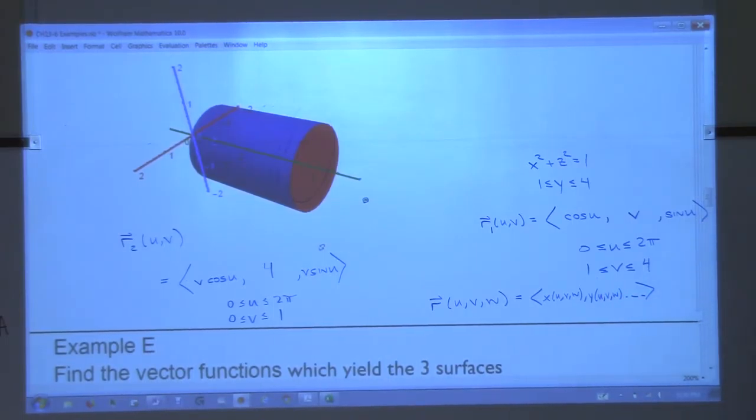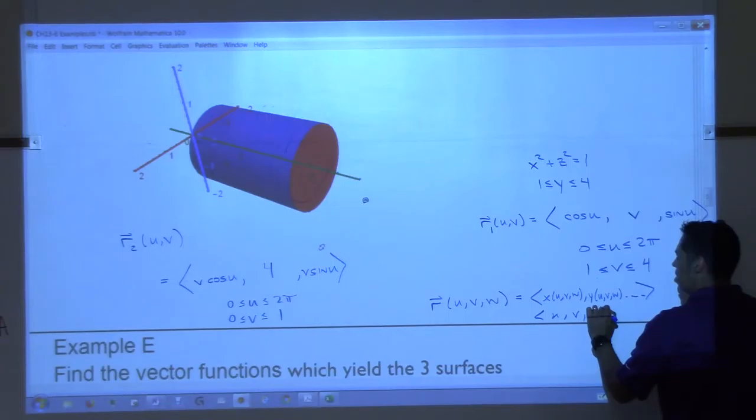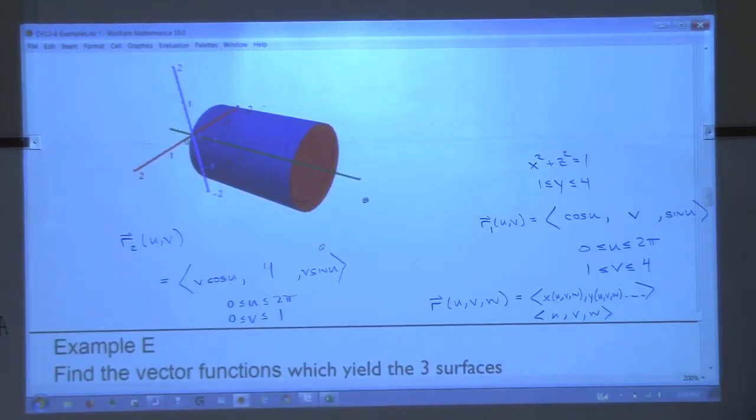Do you think you can draw solids that way? Yeah, you could, because you could just do something like u, v, w, a very simple vector function. Let this be between 2 constants, that between 2 constants, that between 2 constants. You'll draw a box, wouldn't you? Yes.